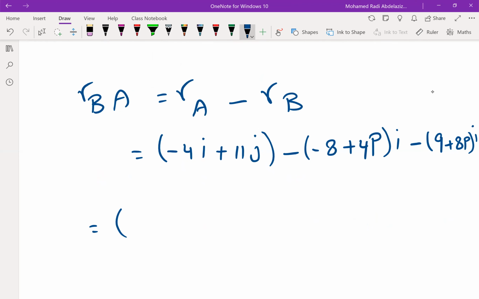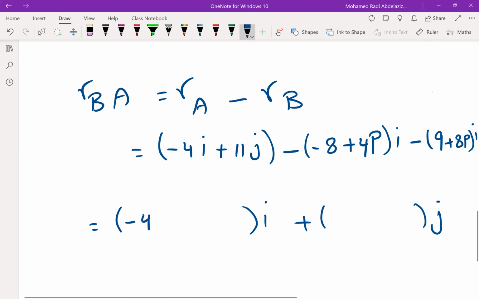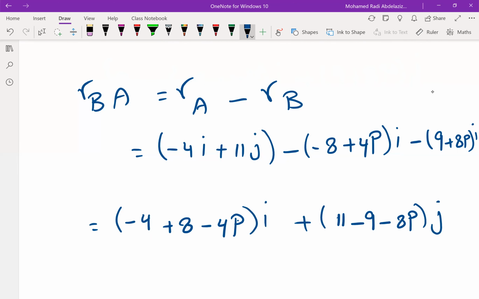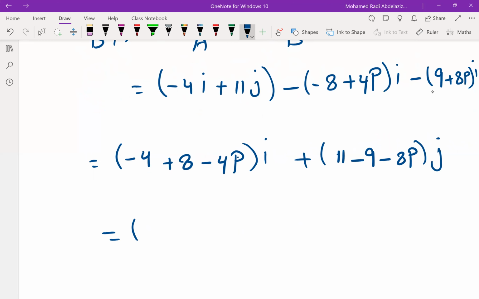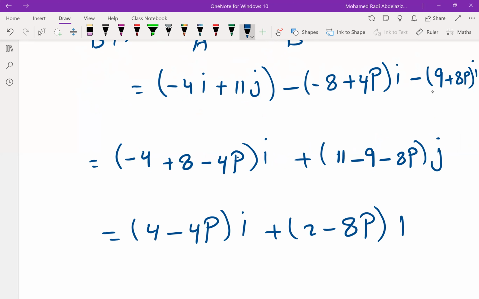Simplify to get i and to get j. For i, minus 4 minus minus 8 will be plus 8, then minus 4p. For j, 11 minus 9 minus 8p. Simplify more, will be 4 minus 4p in i and 2 minus 8p in terms of j.